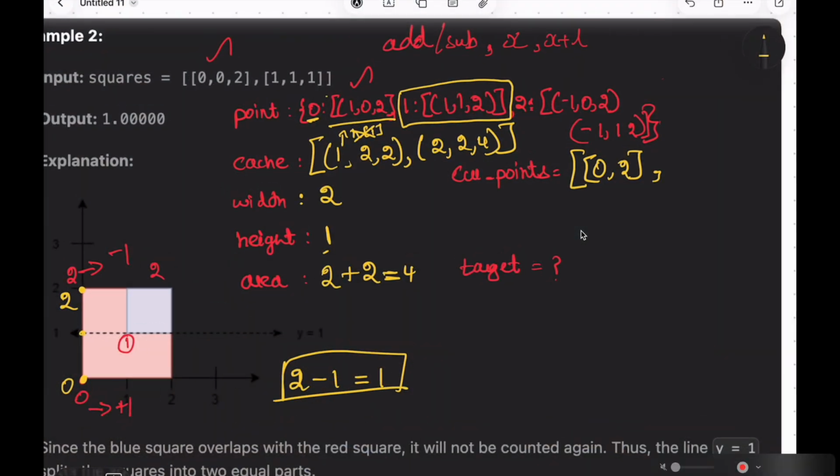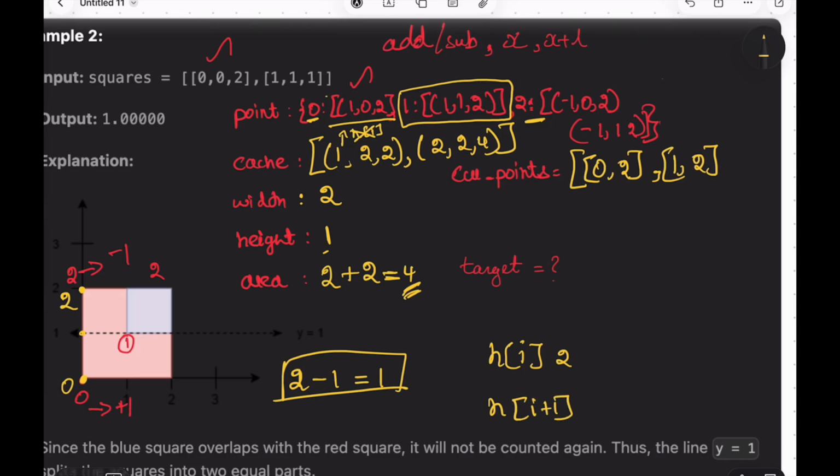And the current point should be 1 and 2, right? And now we are having 4. And now in the next iteration, if you see here, we have 2 here, but there is h of i as 2, and there is no h of i plus 1, right? So because of that, we stop the iteration at this point. There is no more iteration.